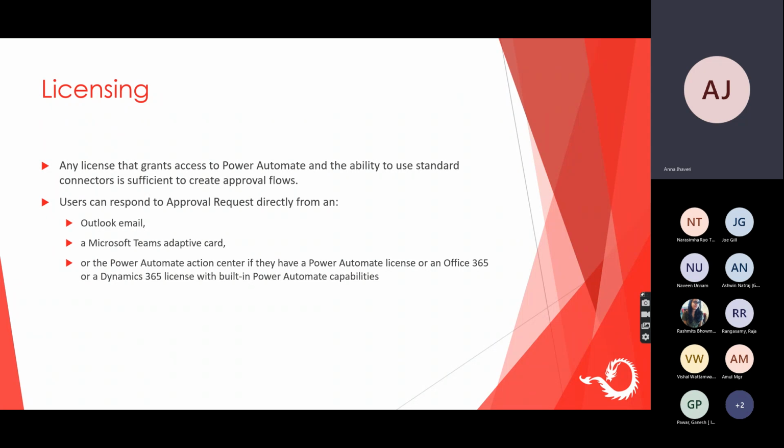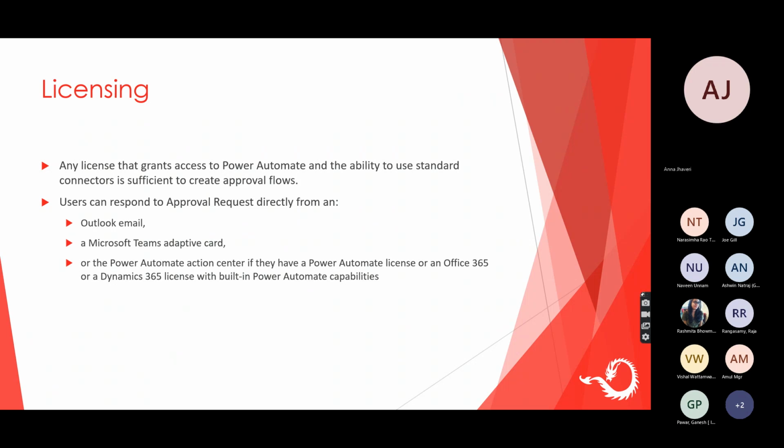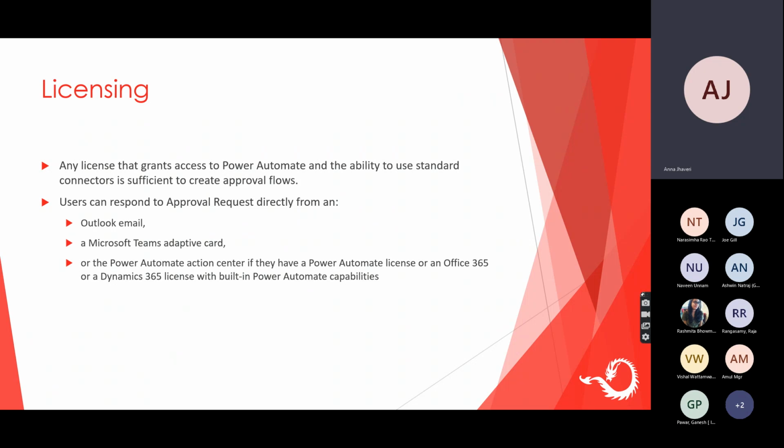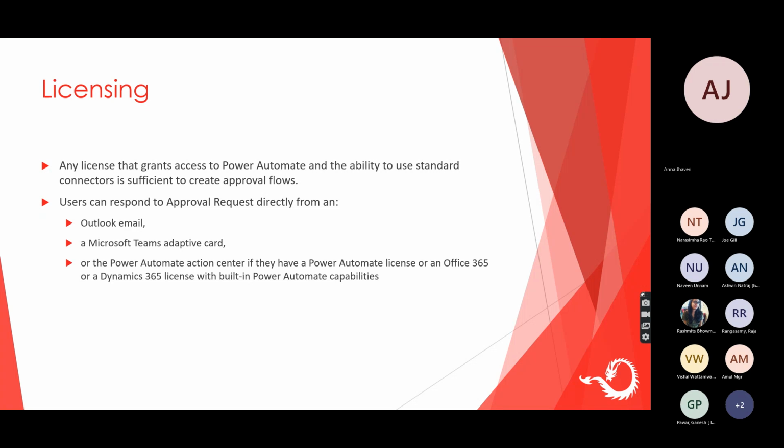If they are using Microsoft Teams, they need license to use Microsoft Teams, and if they want to respond via Power Automate Action Center, they need a license to use Power Automate. Okay, so yeah, standard connectors, so no premium license is required, but an Outlook, Microsoft Teams, or Power Automate license is required, which is usually included in the Office 365 or Dynamics 365 license.